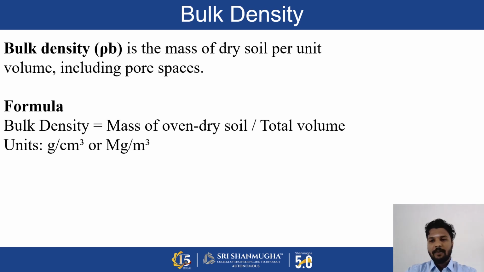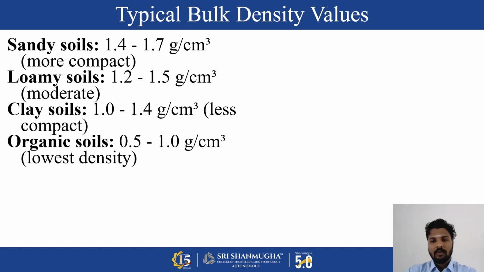Okay, we can move to the next slide. Here I have given the typical bulk density values for different types of soils. This slide provides the common ranges for bulk density based on soil texture.